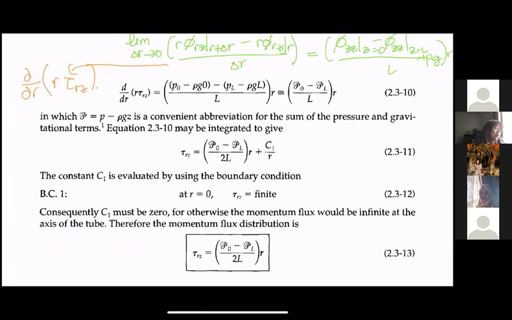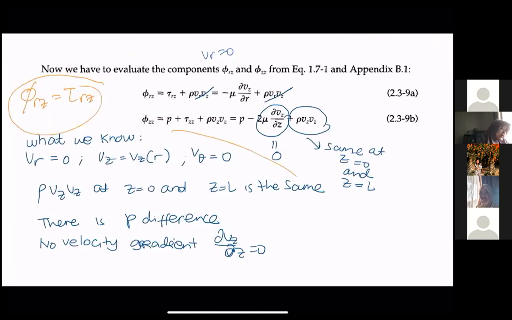Okay, so this is the first one, and then the second one here is for the pressure. If we look over here, the C now becomes the pressure, because this is 0 and this is 0, so C actually becomes the pressure.